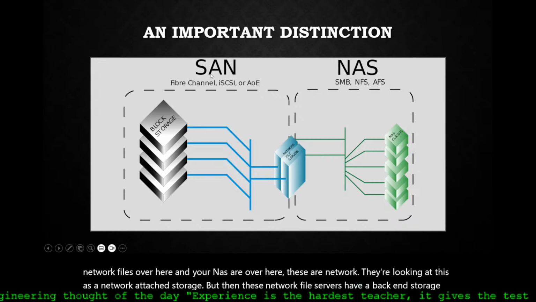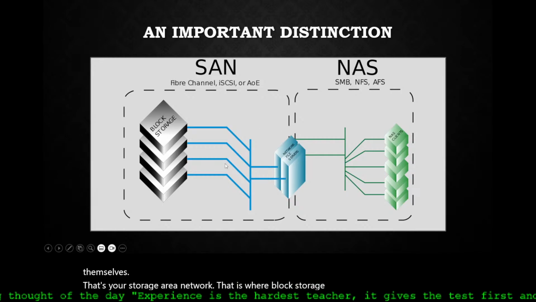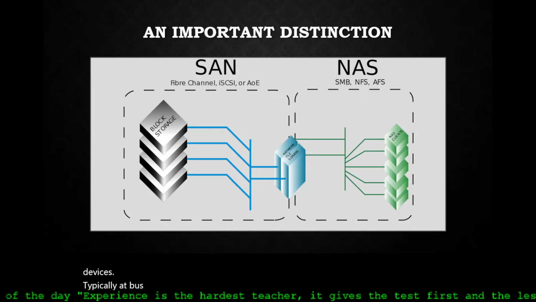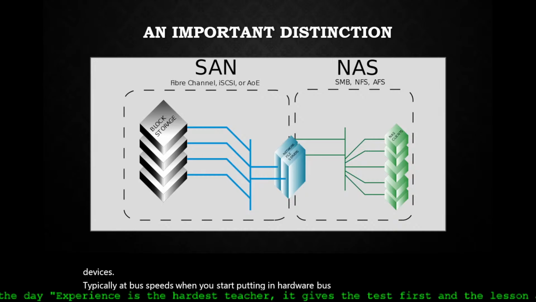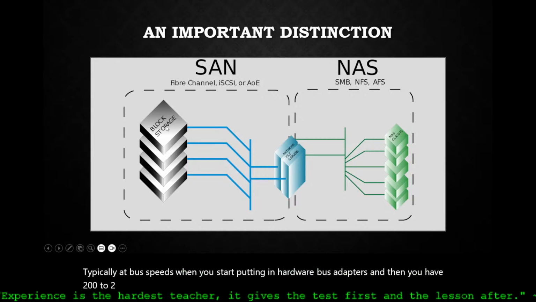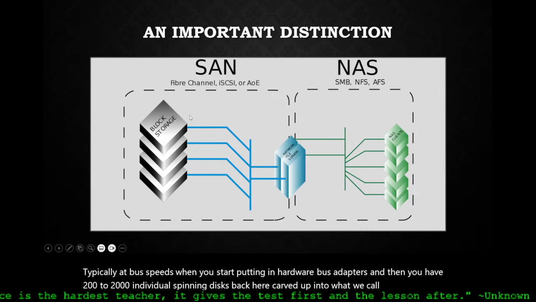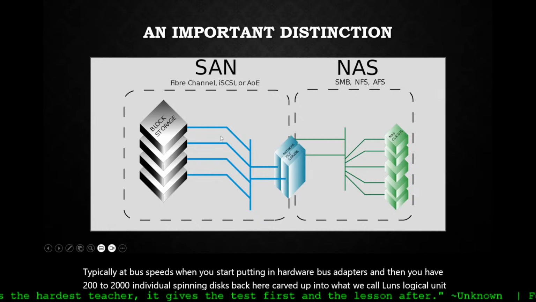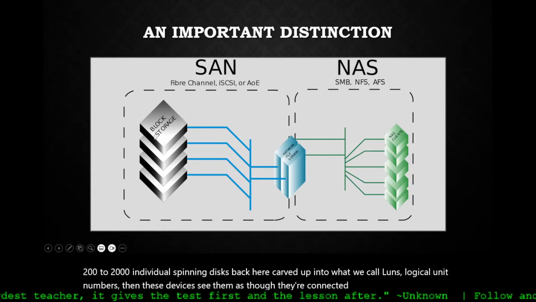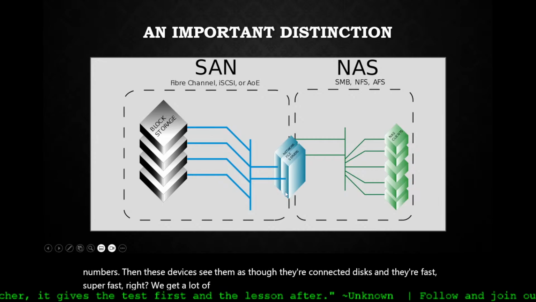That's your storage area network. That is where block storage directly connects to these devices, typically at bus speeds. When you start putting in hardware bus adapters, and then you have 200 to 2,000 individual spinning disks back here carved up into what we call LUNs, logical unit numbers, then these devices see them as though they're connected disks. And they're fast, super fast, right? You get a lot of high speed out of these.